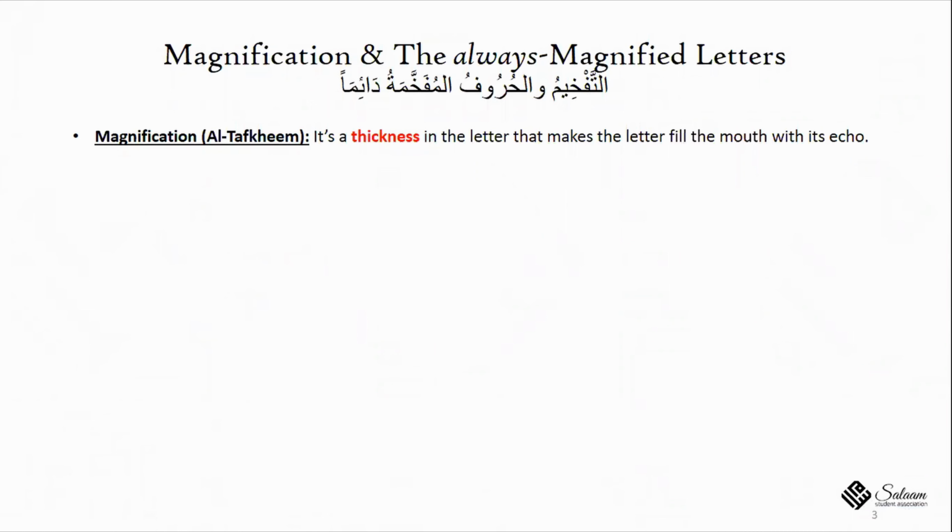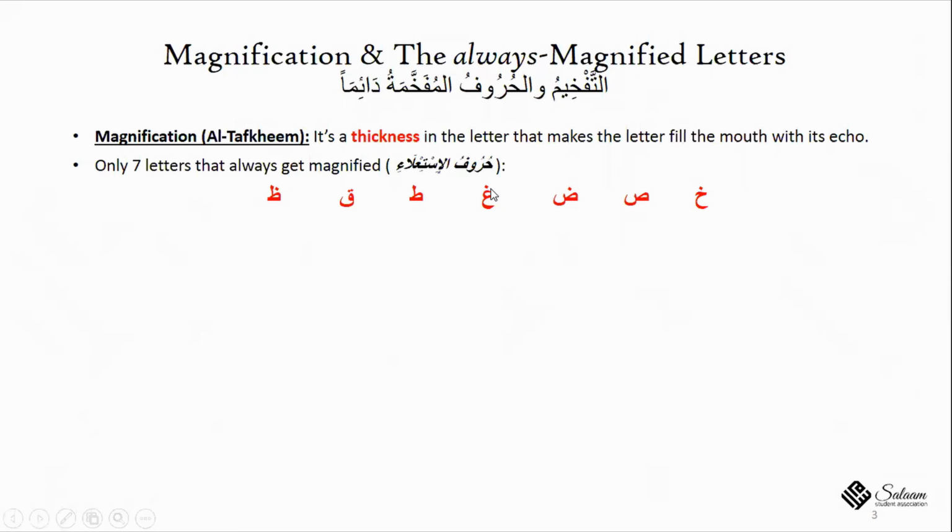These rules are going to be applied to every letter, and it's actually how you pronounce the letter, how you pronounce ba, ta, and so on. So magnification means there is some thickness in the letter that makes the letter fill the mouth with its echo. Like this letter, kha.